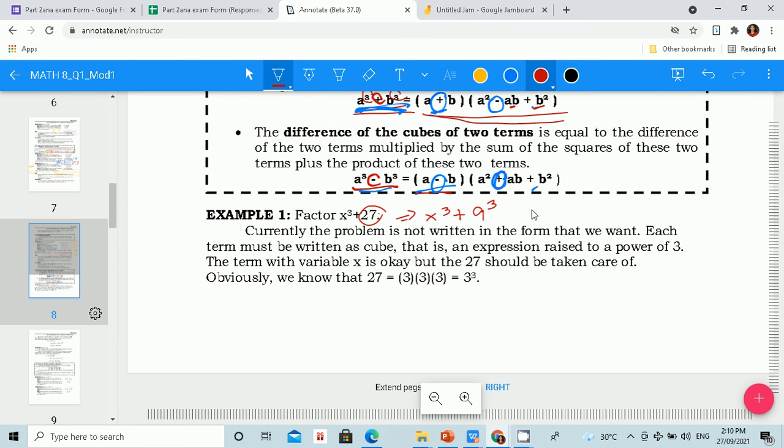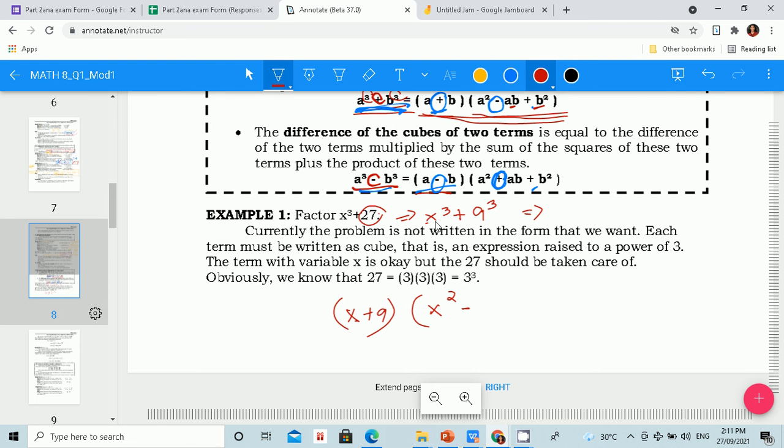So the factor is, let's write it here, x plus 9. We copy that. And then we have the second group, times a square. What is a? It is x, minus a times b.